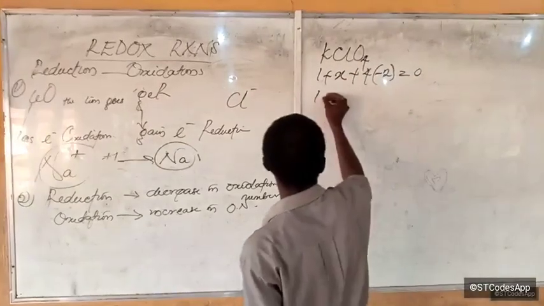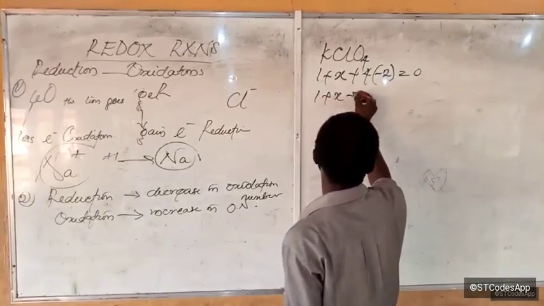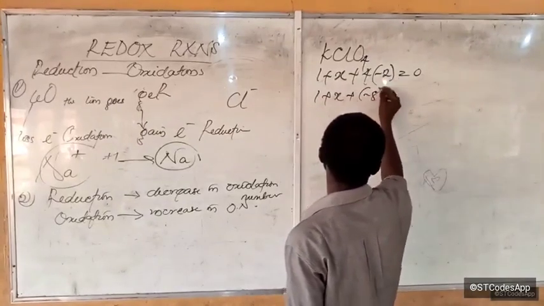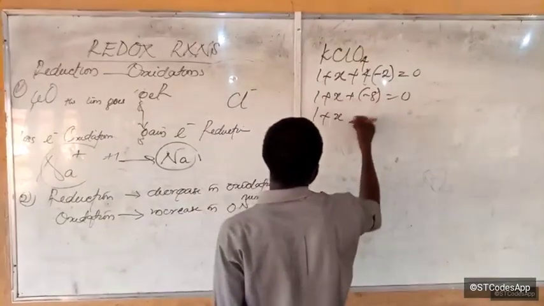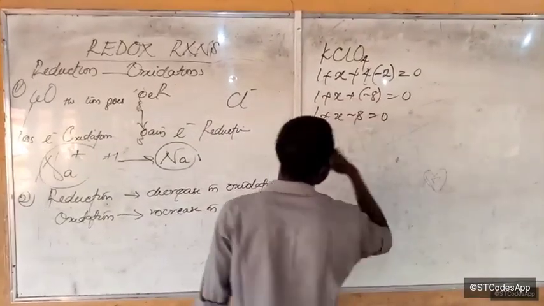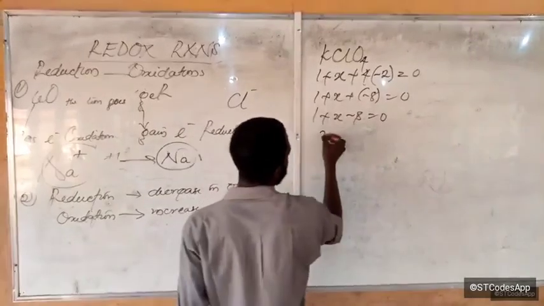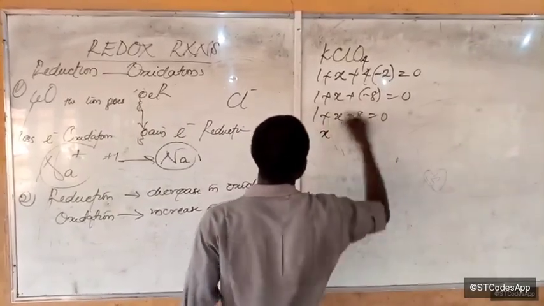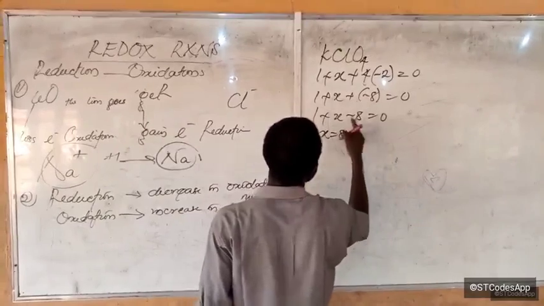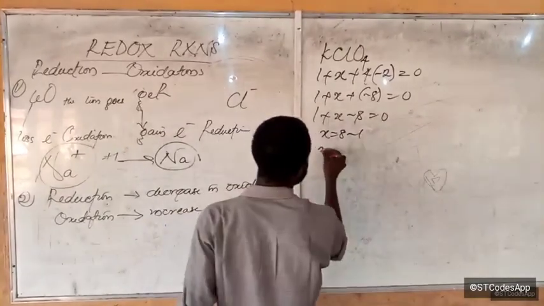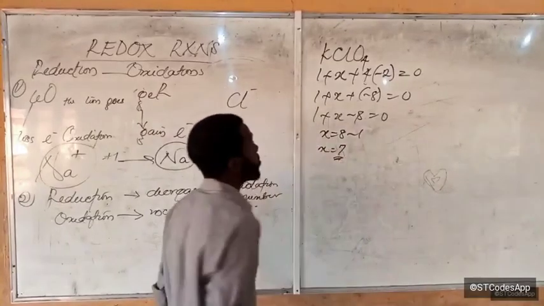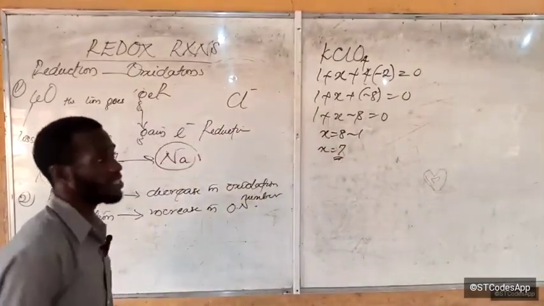So we have 1 plus X plus 4 into bracket -2, that is -8, equal to 0. Is that okay? So X goes here, and the others go here: we have 8 on this side, and this one -1. So X will be equal to 7. So the oxidation number of chlorine here is going to be 7.